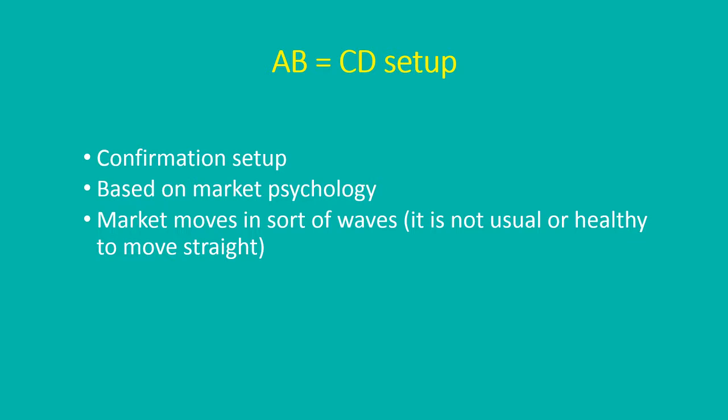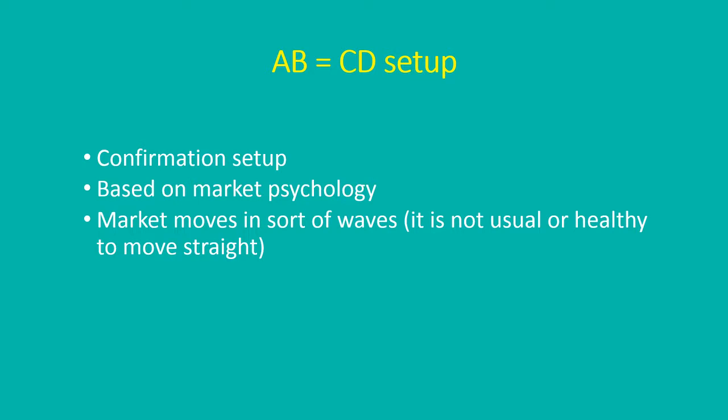For example, when I'm not really sure if I should trade the volume setup or not, because, for example, it doesn't look that good and I can't make up my mind, then I look for confirmation setups. If there is a confirmation setup, the level is stronger, there's a higher probability that the level will work.